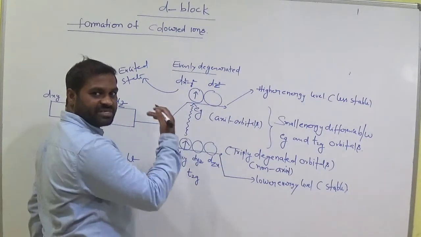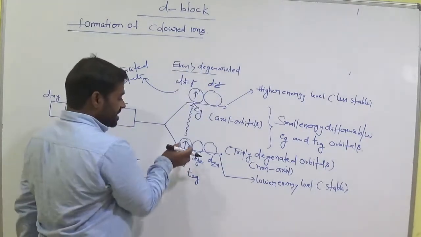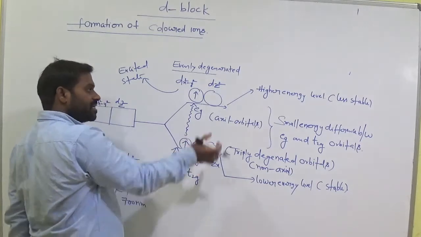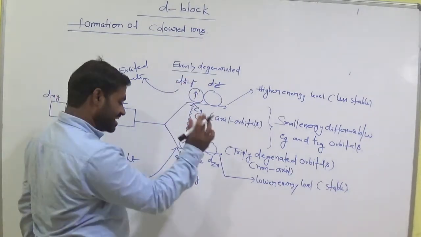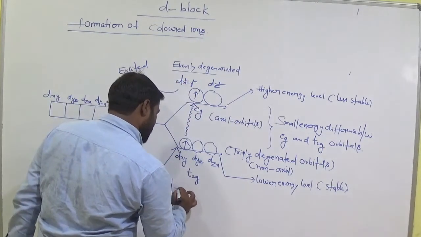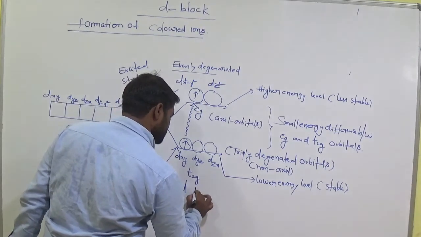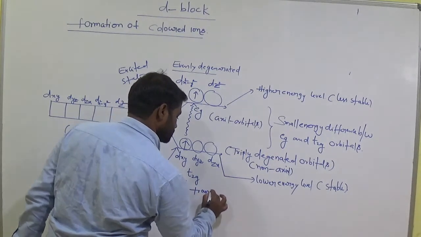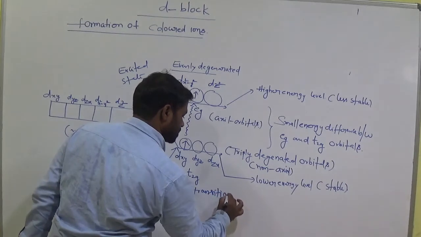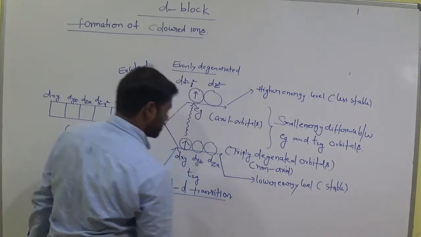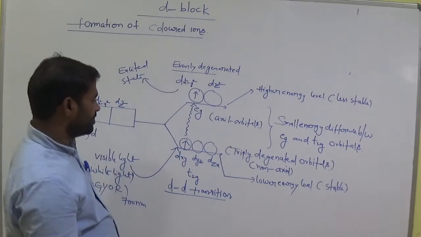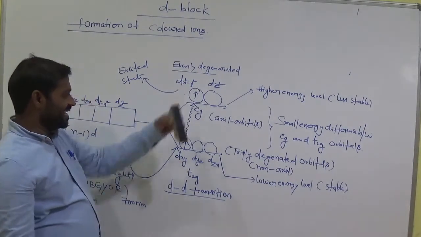Transition means shifting from one place to another. The electron shifted from d orbital to d orbital. That is called d-d transition. The d-d transition takes place.